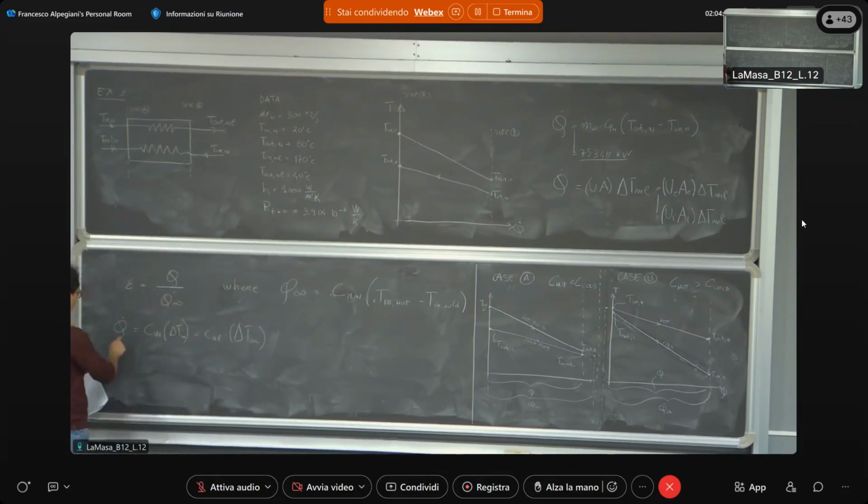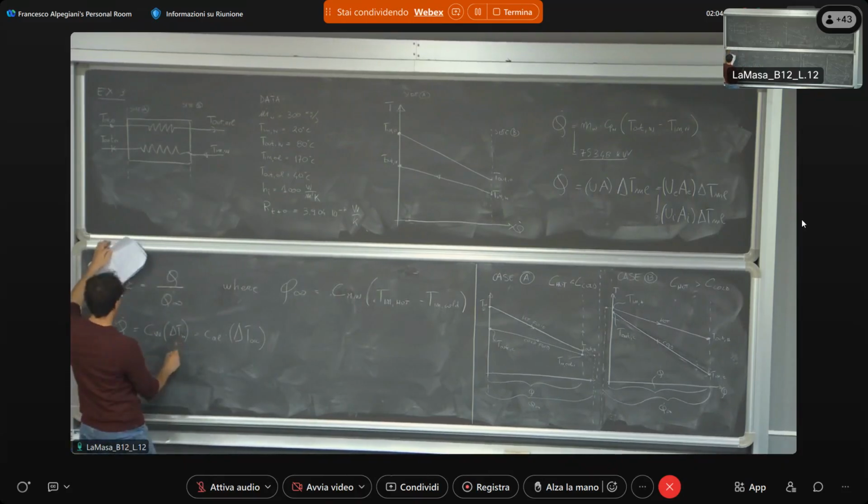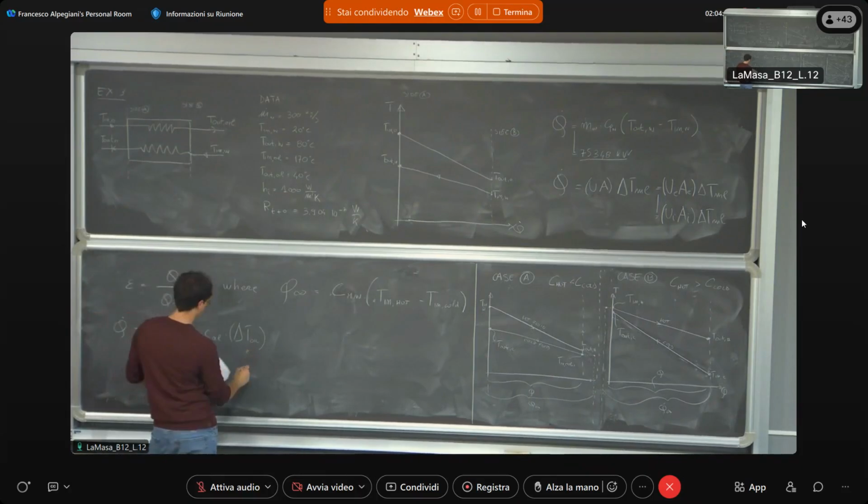Then, since the thermal power is the same, and you know the temperature difference on the oil side and on the water side, this is equal to 60 degrees Celsius, and this is equal to 130 degrees Celsius.